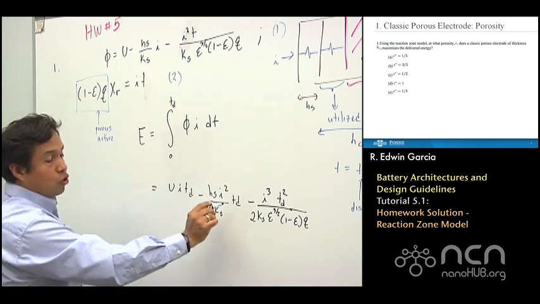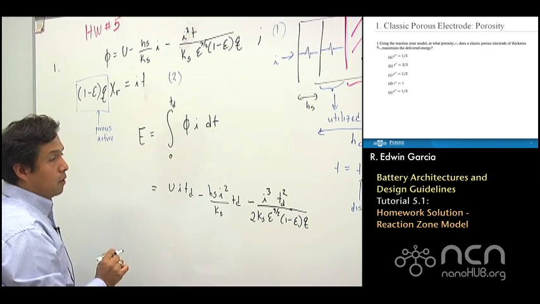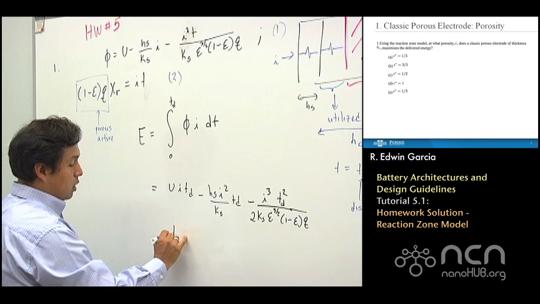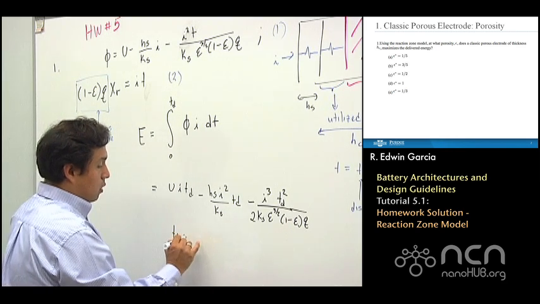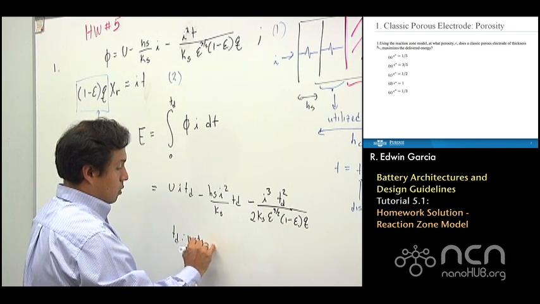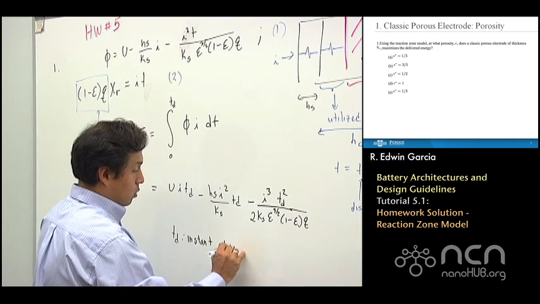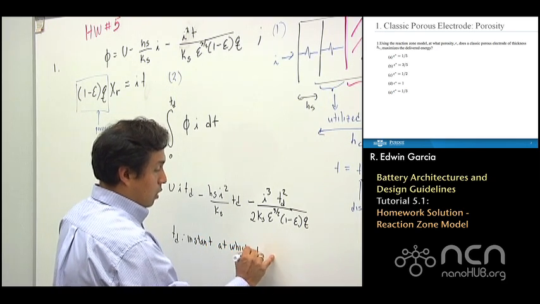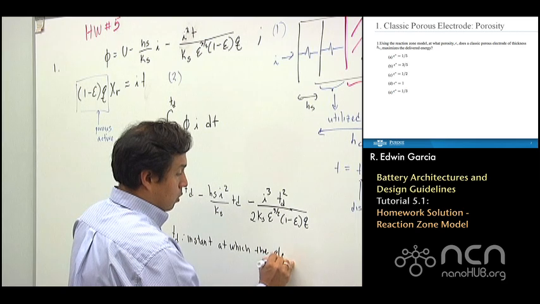What is actually t sub D in this case? t sub D corresponds to the instant at which the electrode has been utilized.